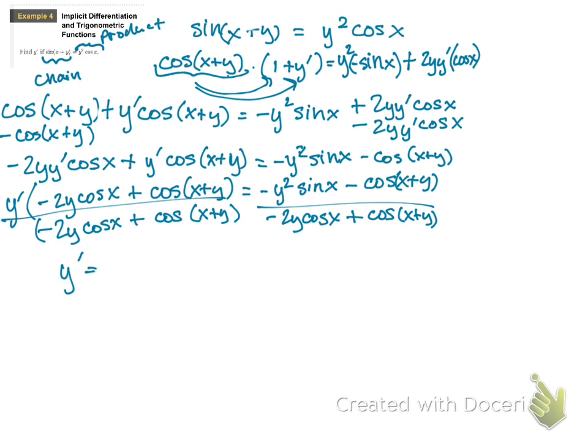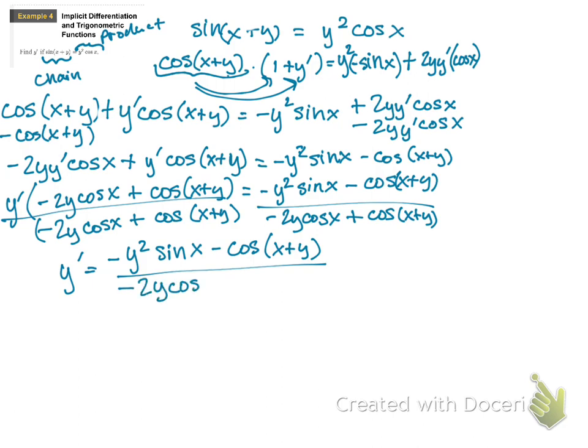So y prime equals negative y squared sine x minus cosine of x plus y, all over. They did the cosine x plus y part first in your textbook. I think it's conventional to start with whatever's positive and then subtract, but I really don't think it matters. We've got it all together anyway.